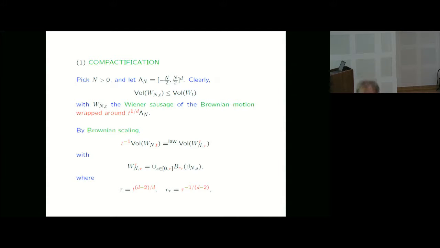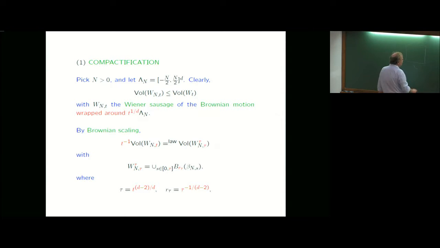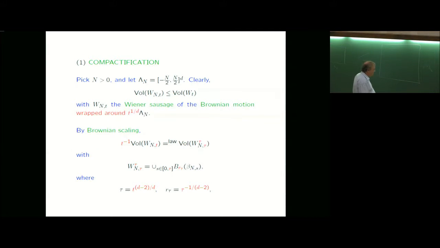But what I do is, I'm going to take a box Lambda_n, but I'm going to still look at its blow up on scale t to the 1 over d.